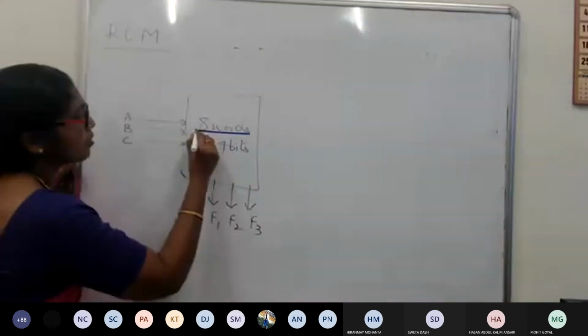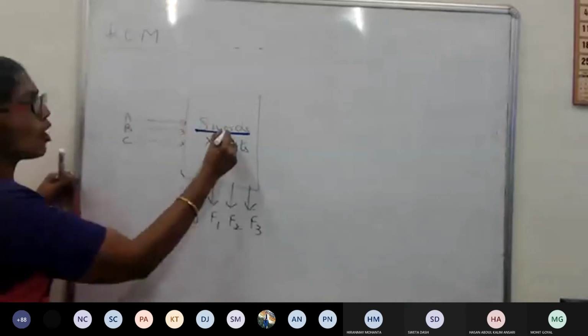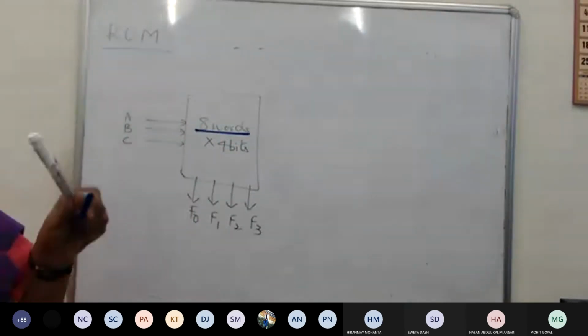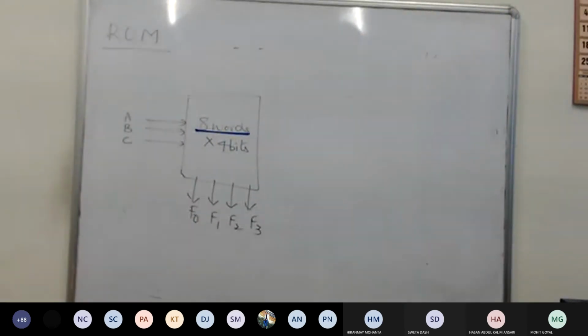You should already have a clue which type of combinational circuit has that capability. I might be using the term words, but if you carefully observe, 3 inputs leading to 8 different combinations, who has that capability? Decoder. Yes.